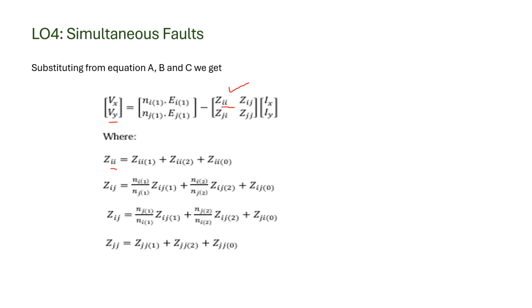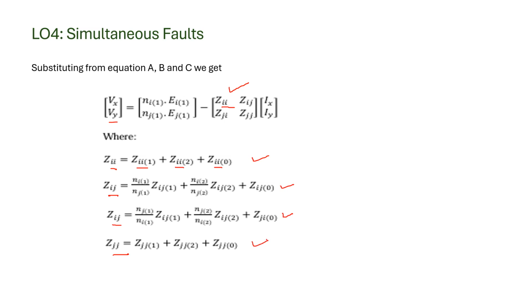So what is Zii? Zii is Zii1 plus Zii2 plus Zii0. So it is the sum of the sequence impedances. Similarly Zij and Zjj. If you combine those equations, then we will get these equations Zii, Zij, Zji and Zjj.